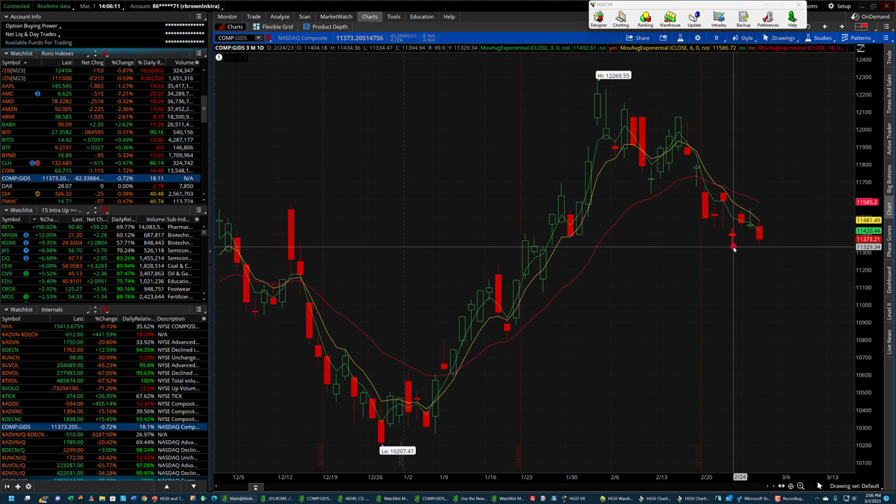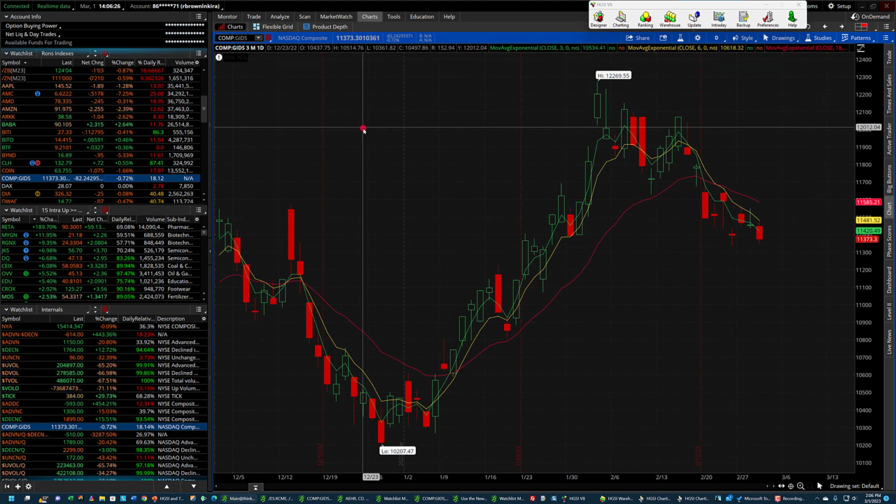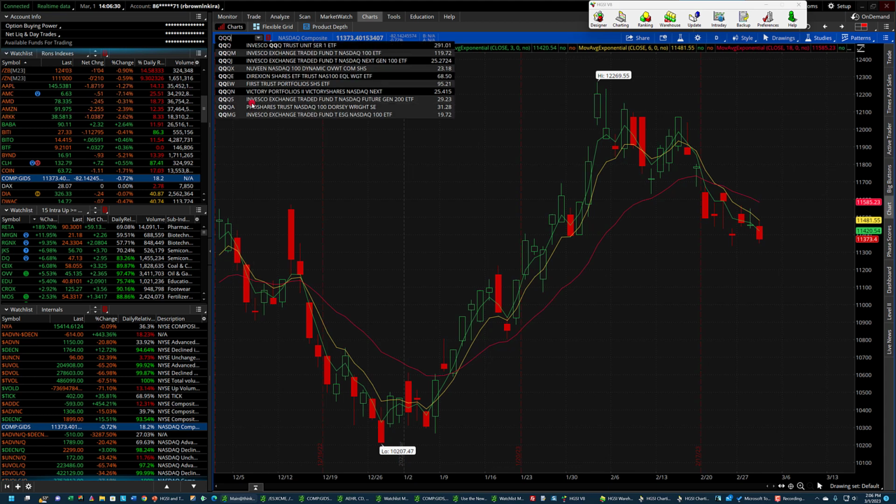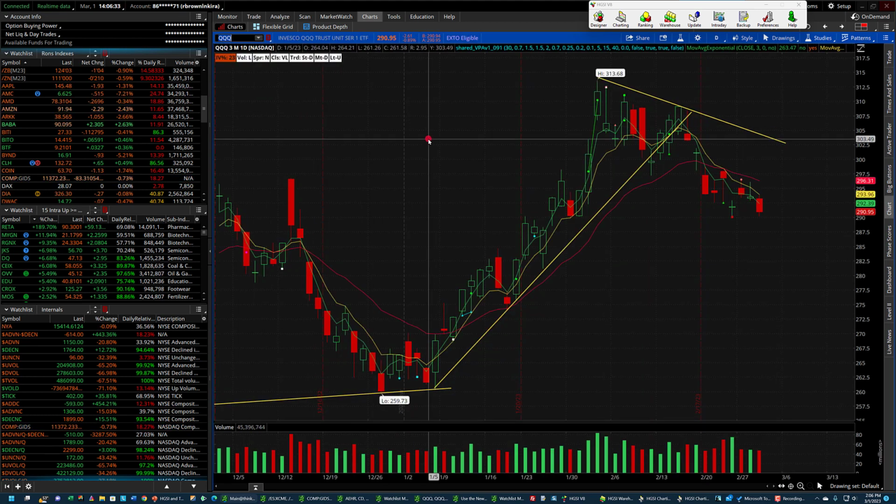My point of showing you this is that we're in a very weak market, but I looked at a substitute for the S&P 500, the SPY, and a substitute for the NASDAQ 100, the QQQs, and this is actually the comp right here. So here's the QQQ.